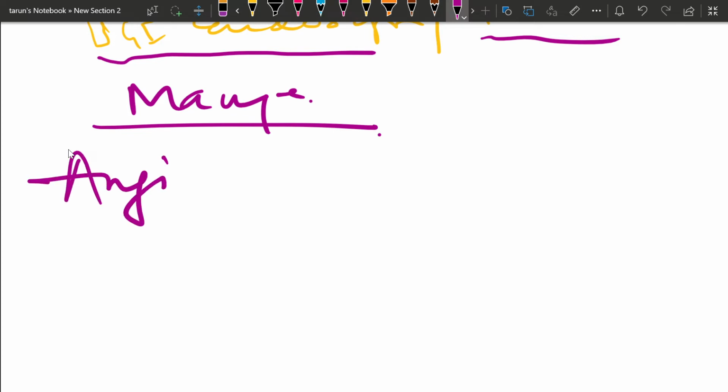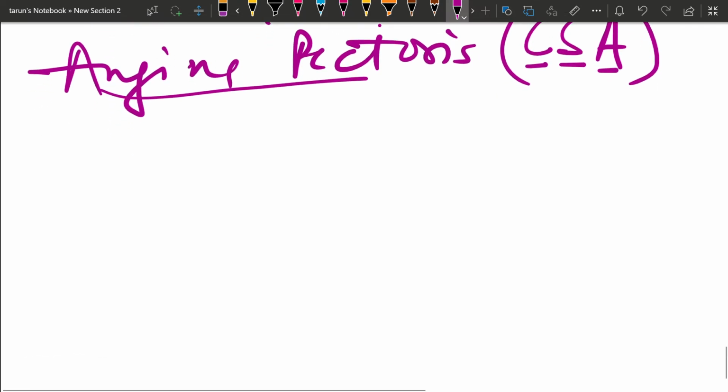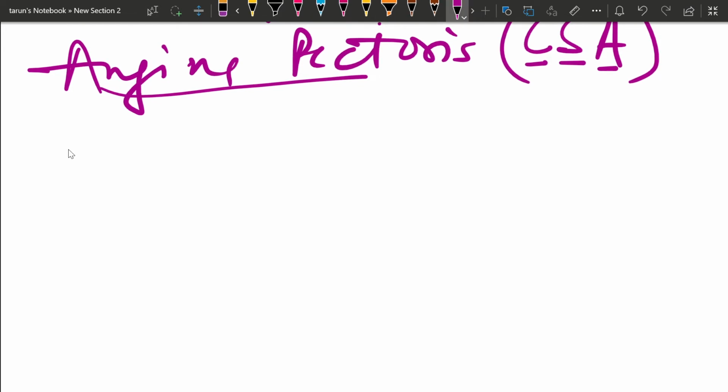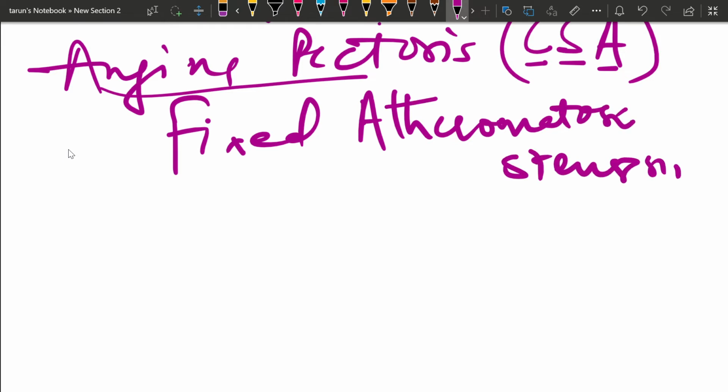First, we will manage the case of angina pectoris, that is, chronic stable angina. Chronic stable angina is due to fixed atheromatous stenosis.